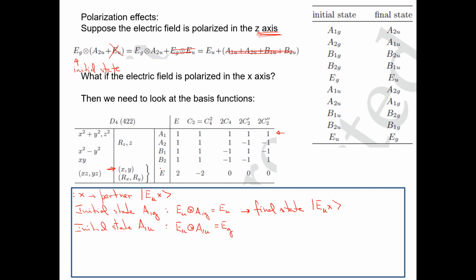I don't have here the full character table of D4h, but these are the two basis functions for Eg: xz and yz. They are even under inversion. The final state must contain the same coordinate x, otherwise the scalar product is zero. So in this case, the final state is Eg xz.